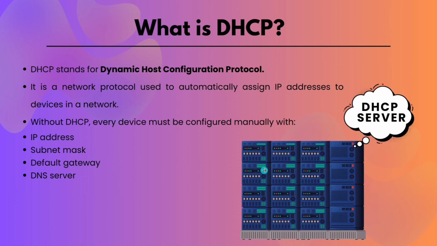In large networks with hundreds or thousands of devices, manual configuration would be very difficult. That is why DHCP servers are used. A DHCP server automatically assigns available IP addresses to devices when they join the network.